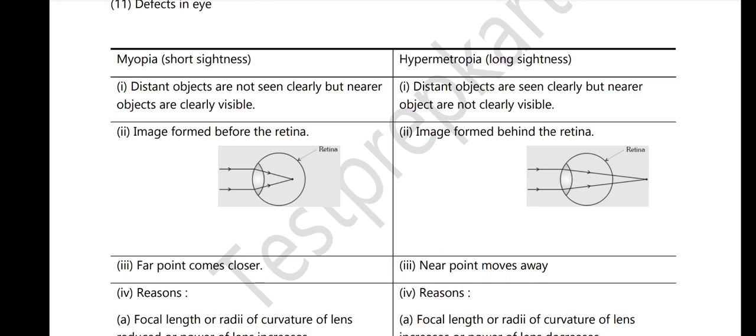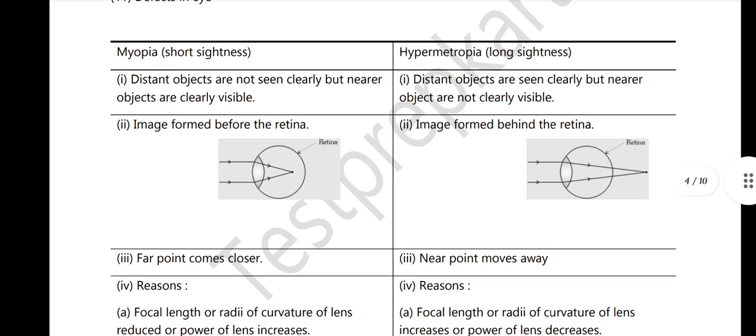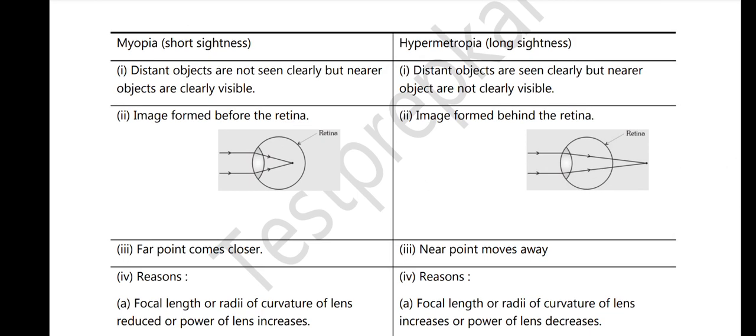If a person cannot see distant objects clearly but can see near objects very clearly, then he has myopia or short sightedness. The image is formed before the retina, as you can see here.